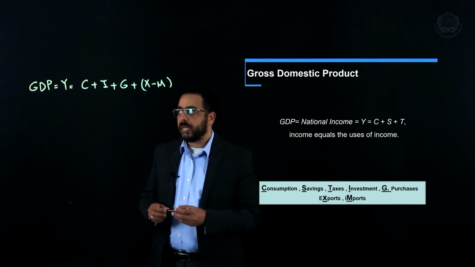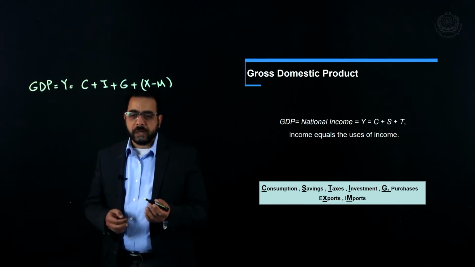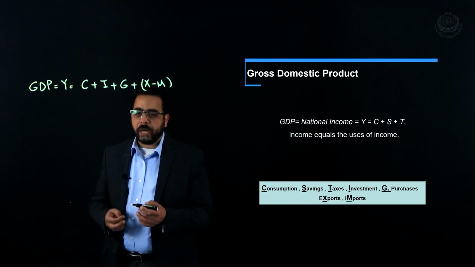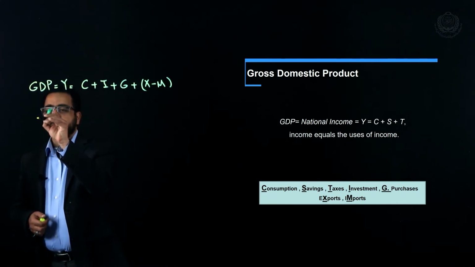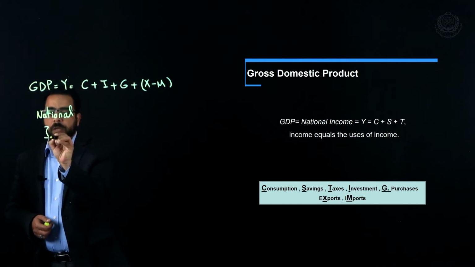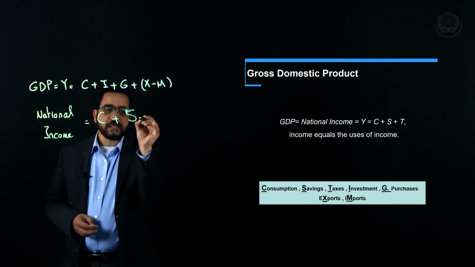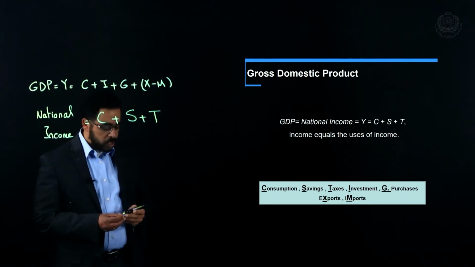In order to understand this, our author is reminding us that the whole story started by the firms giving the national income to the households. And households actually use the national income to make consumption, savings, and taxation.